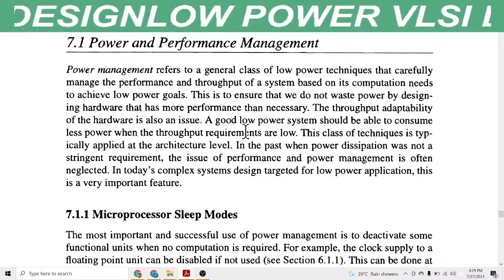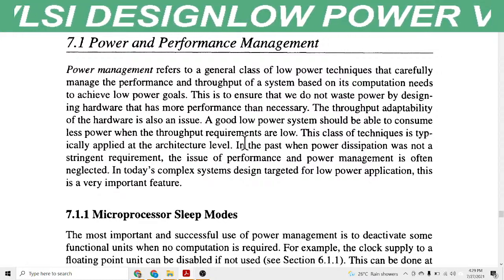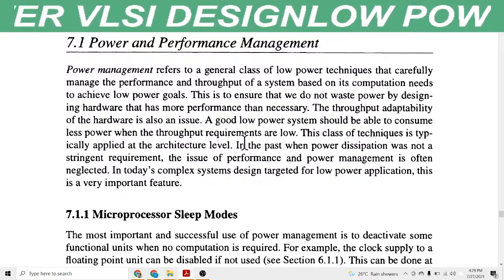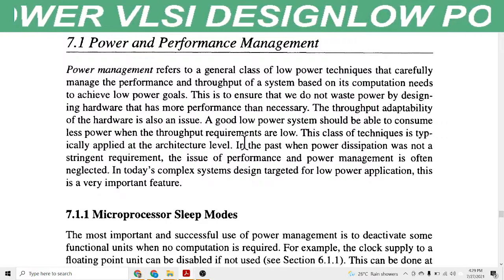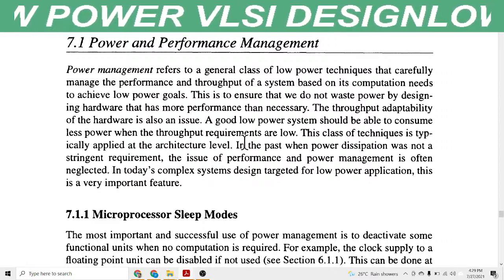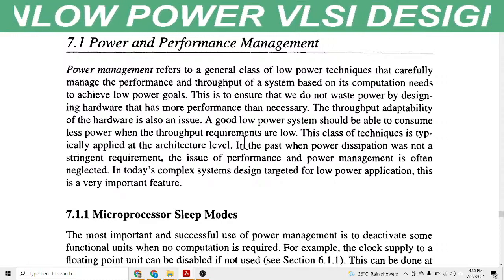Okay, this power management is a basic technique that is used to design low power circuits. A good low power system should be able to consume less power when throughput requirements are low.